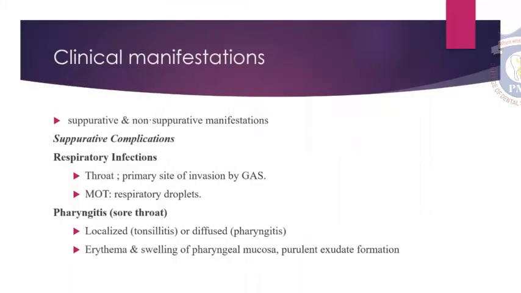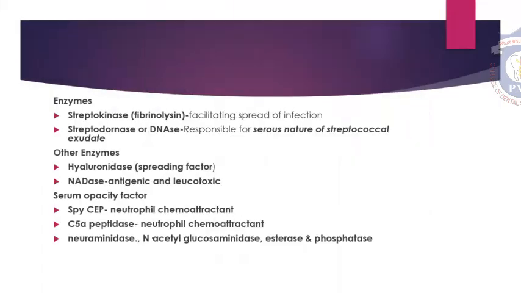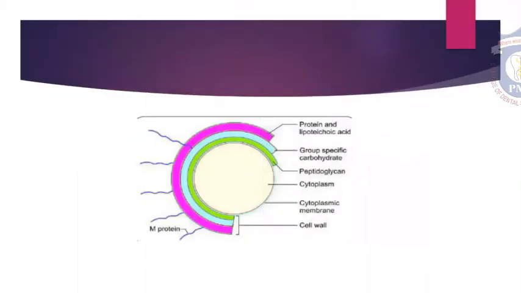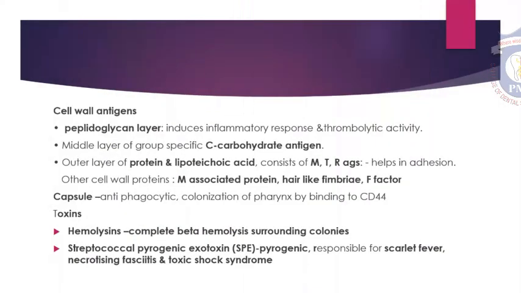So these are the main virulence factors of Streptococcus pyogenes. The main important virulence factor is cell wall antigen. In that, the peptidoglycan layer is there, C carbohydrate antigen is there, then protein and lipoteichoic acid, M-associated protein or M protein, which is the principal virulence factor of group A Streptococcus.